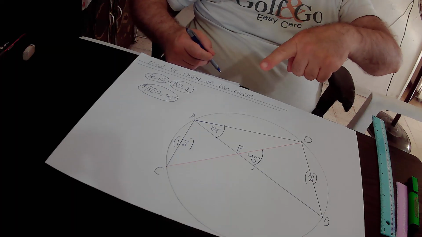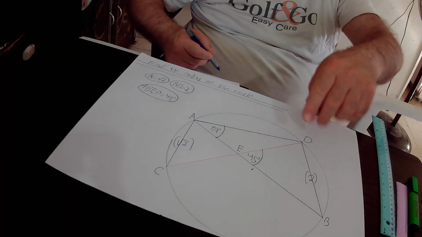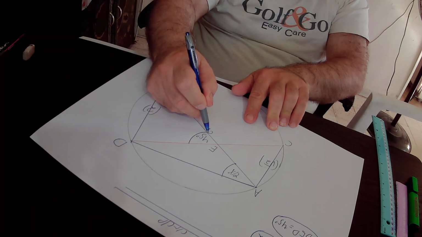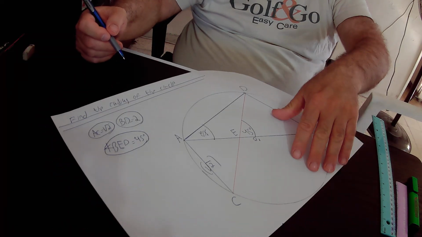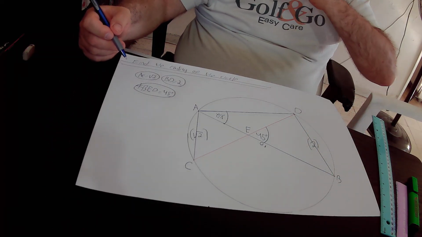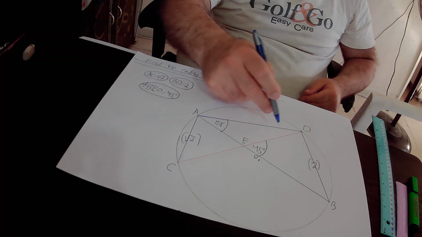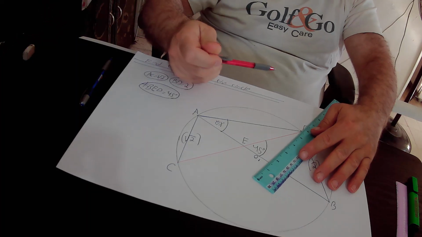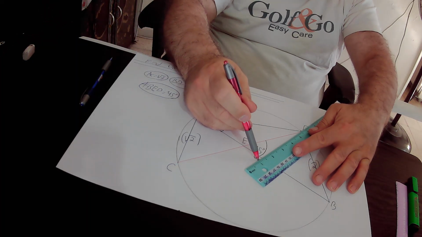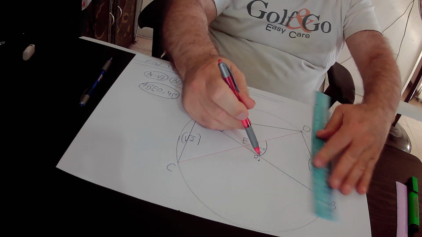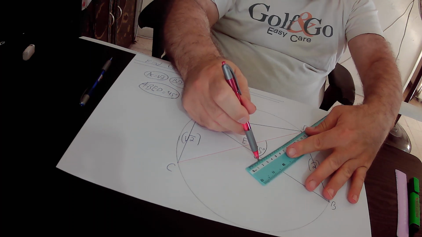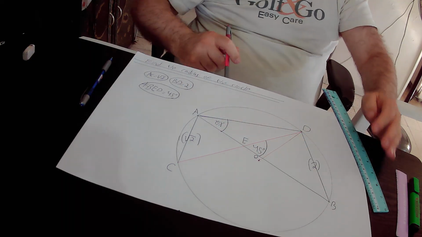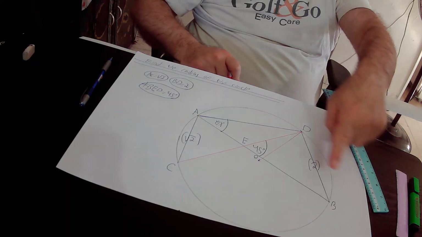We define the center of this circle. This point is point O. We join points O and D together by a straight line. Likewise, we will join points O and B together by a straight line.